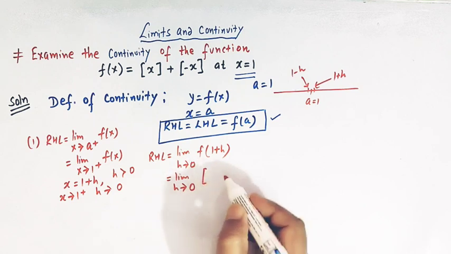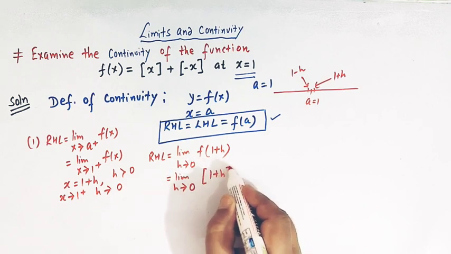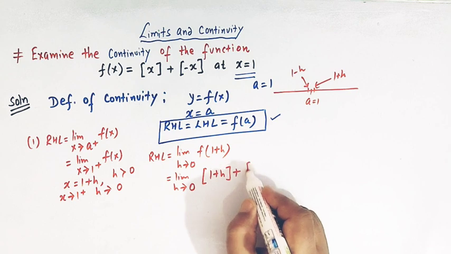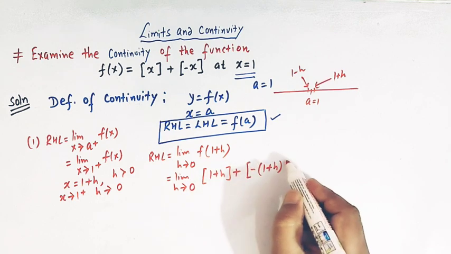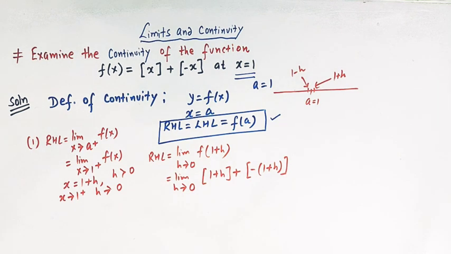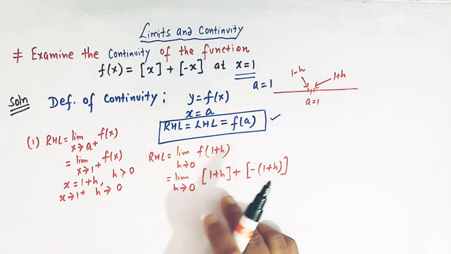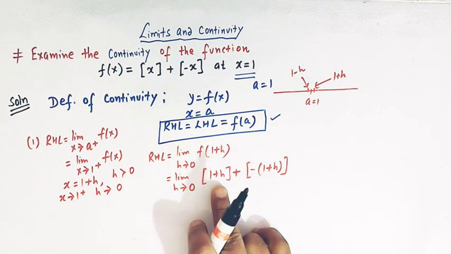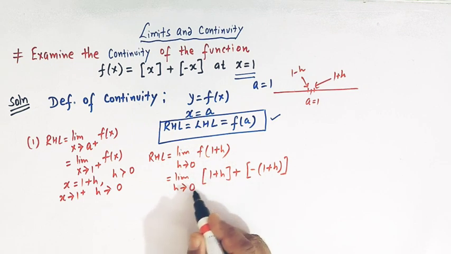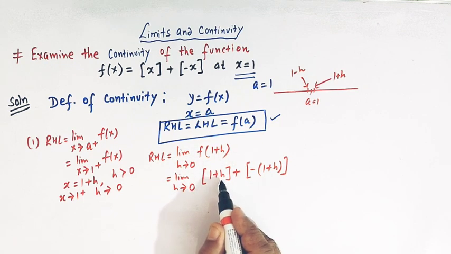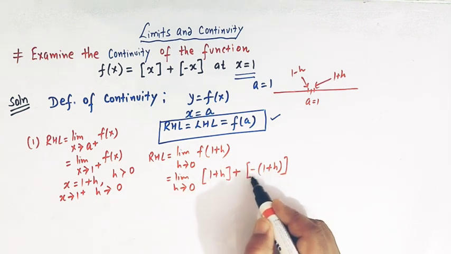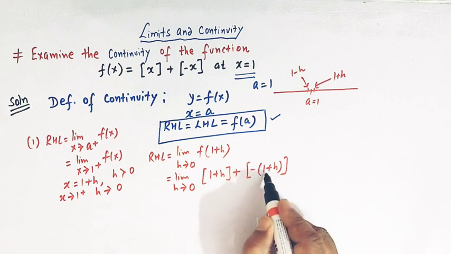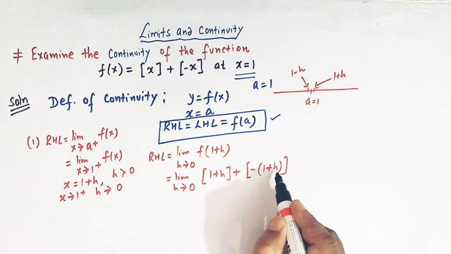Now we have greatest integer of 1 plus h, plus greatest integer of minus of 1 plus h. This is a very important step: we cannot directly substitute h is equal to 0. So we'll find the value of greatest integer of 1 plus h and greatest integer of minus of 1 plus h.